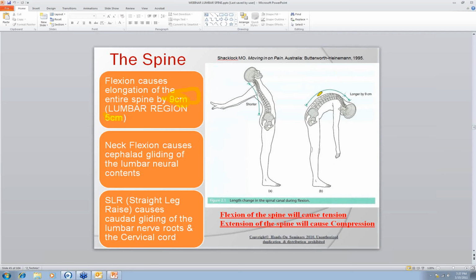Now, another thing that is important here is that neck flexion causes cephalad gliding of the lumbar neural contents, while straight leg raise will cause a caudal gliding of the neural lumbar contents. And that is an important thing to say here.